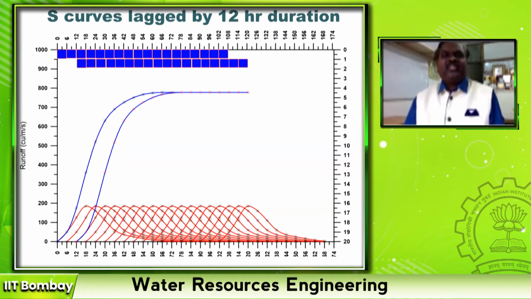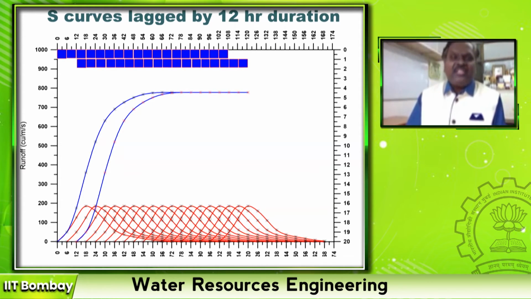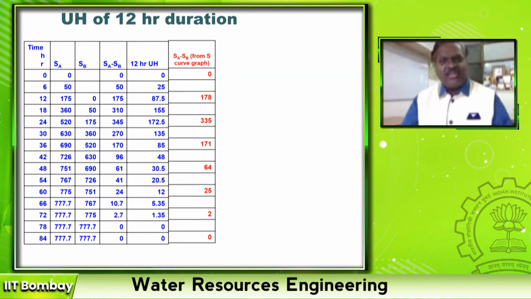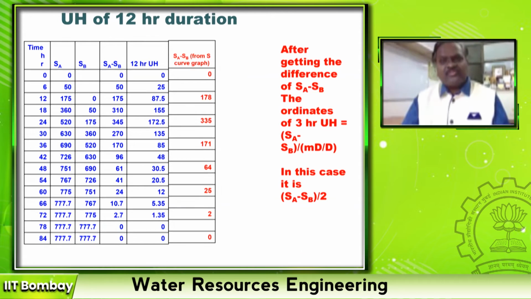The same S curve technique can be used for MD when M is an integer also, but it's a graphical method. There may be some error at the recession limb. Okay. So SA minus SB, then every 12 hours.